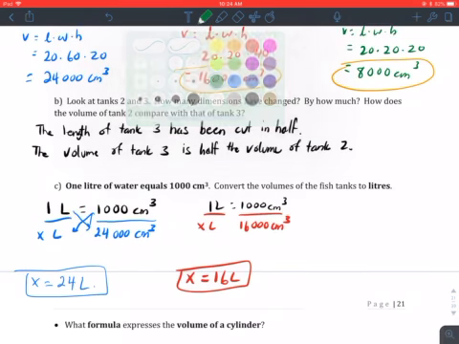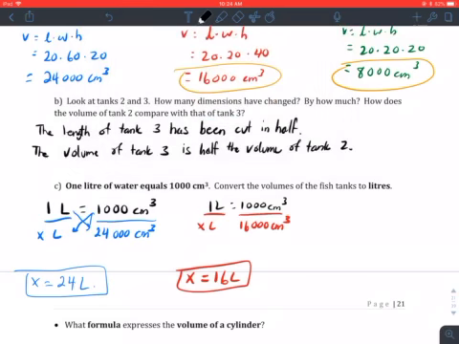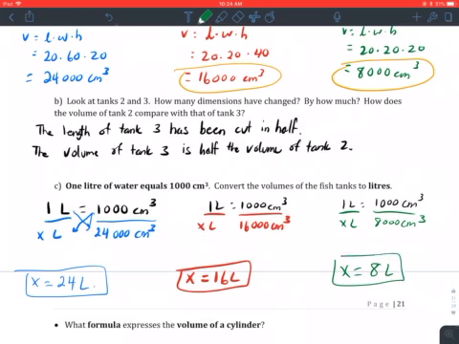And for green, our tank 3, 1 liter is equal to 1,000 centimeters cubed. Let's grab our green marker, 8,000 centimeters cubed. My unknown goes in the other spot, and we end up with 8 liters.